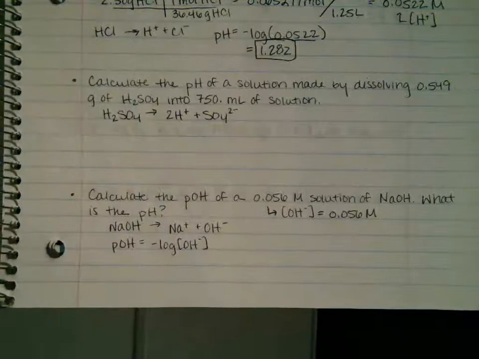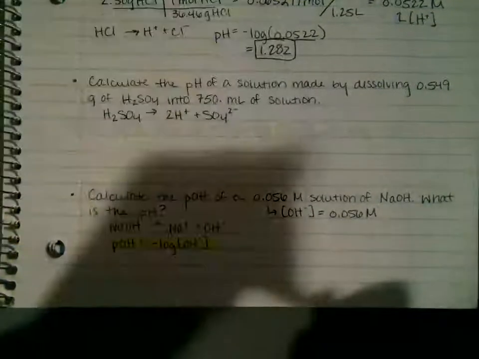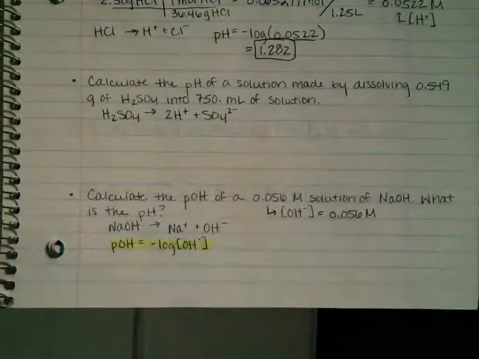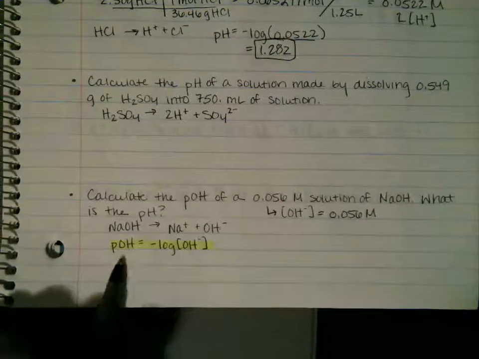And now we need to remember, how do we find pOH? Well, pOH is the negative log of the hydroxide ion concentration. So this is a new formula for this sample problem video. For strong bases, we can find the pOH.